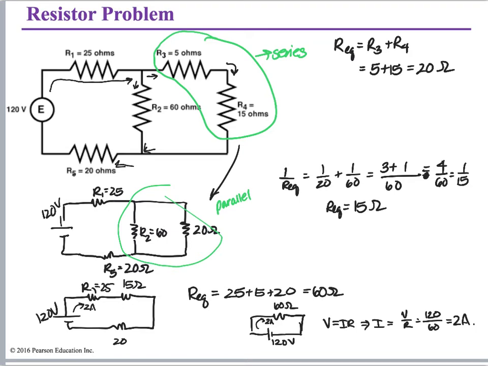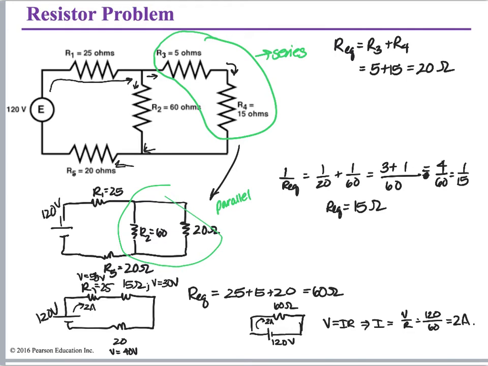But then I can use V equals IR to figure out the potential drop across each of these resistors. So V here is 2 amps times 20, so that's 40 volts. This one is V equals 30 volts because I'm taking 15 times 2, and then this is 50 volts.